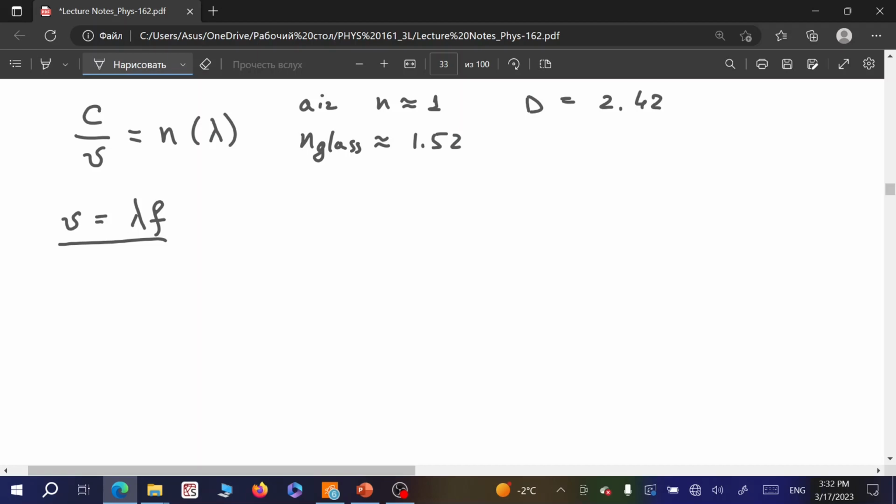So, light, as was discussed, is both a particle and a wave. And if you look from the perspective of the wave, when the medium changes, let's take an example of just sound, which is also a wave. When the medium changes, the frequency remains the same.